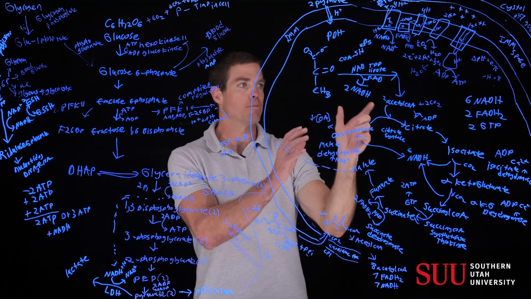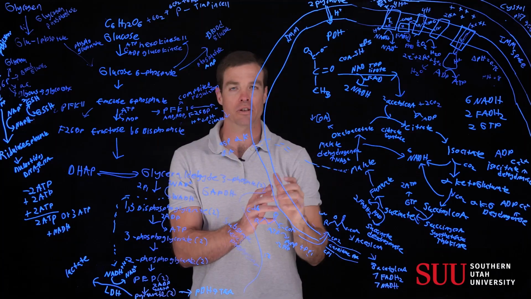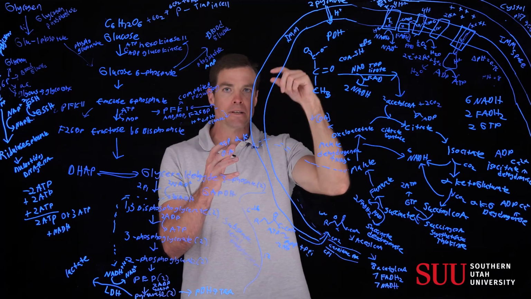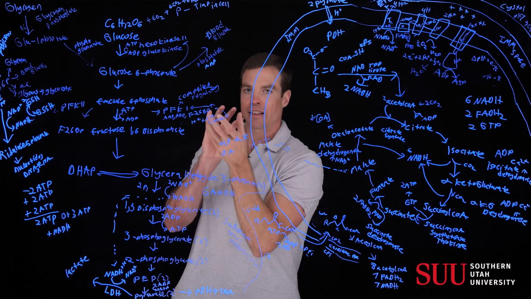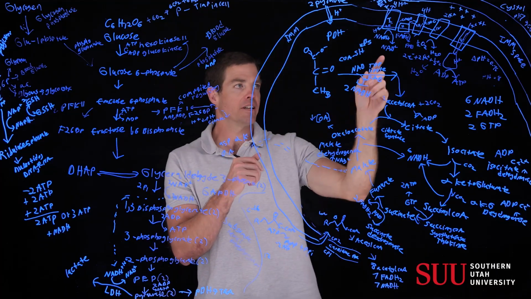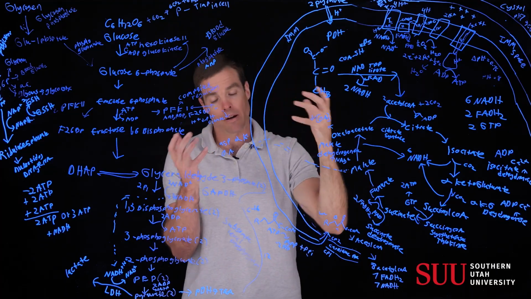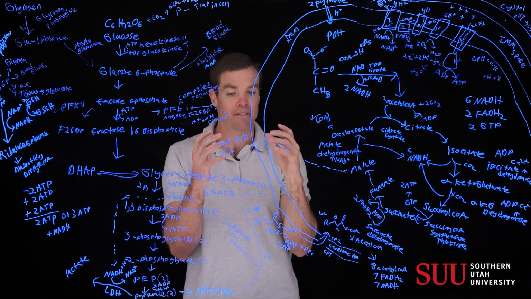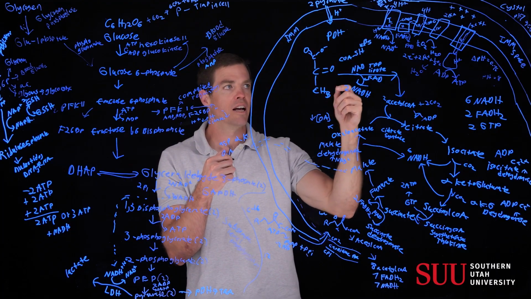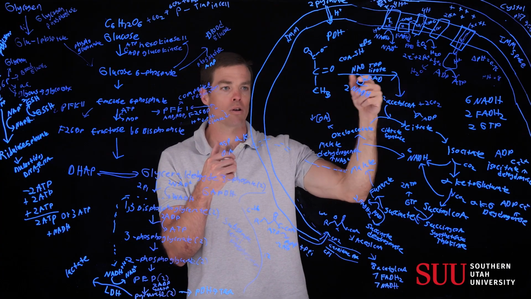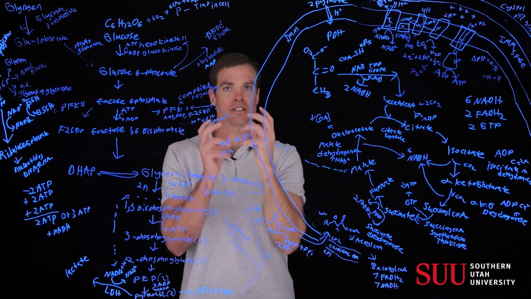And this little nanomotor, this ATP synthase enzyme is what it's called, as the hydrogen ions come through, it's going to twist the nanomotor, okay, like this. And every ATP molecule that's created requires a total of 3 hydrogen ions for that to turn.